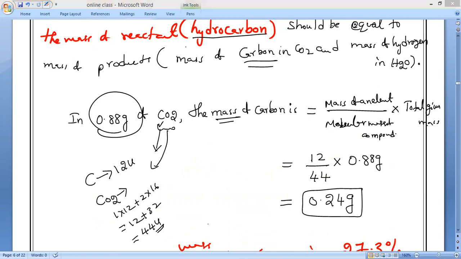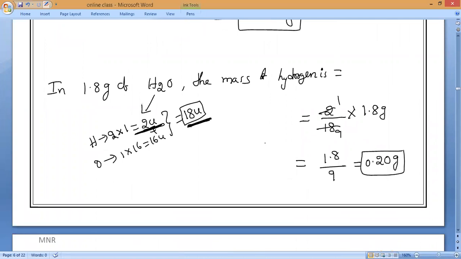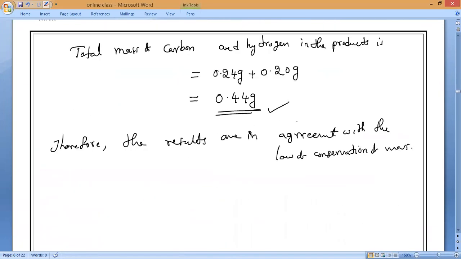Rakshri, Nimish? Yes, sir. Okay, very good. Next, hydrogen percentage. Next, just add it. Harijaras, understand or not?